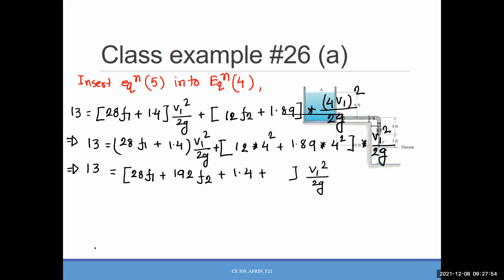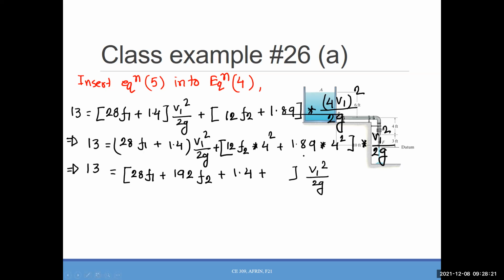There will be one friction factor, yes. That is correct. That should be 12 F2 then multiplied with. Now it's correct? Because here I wrote down V1 square over 2G, so there is 4 square here. So I just move it, so that I can keep only the V square over 2G.